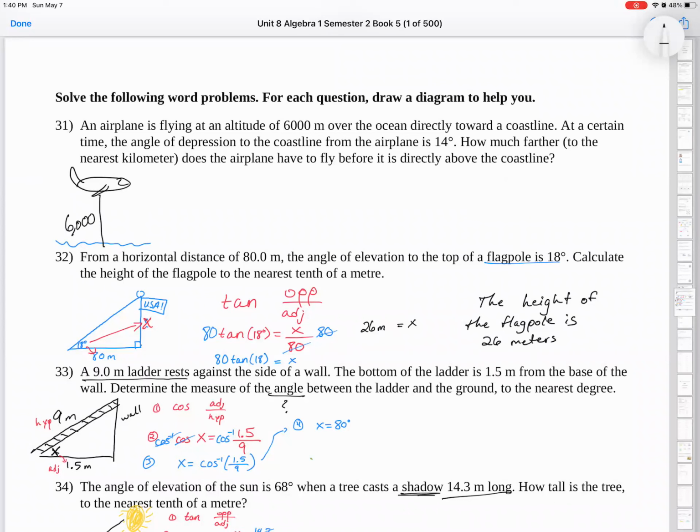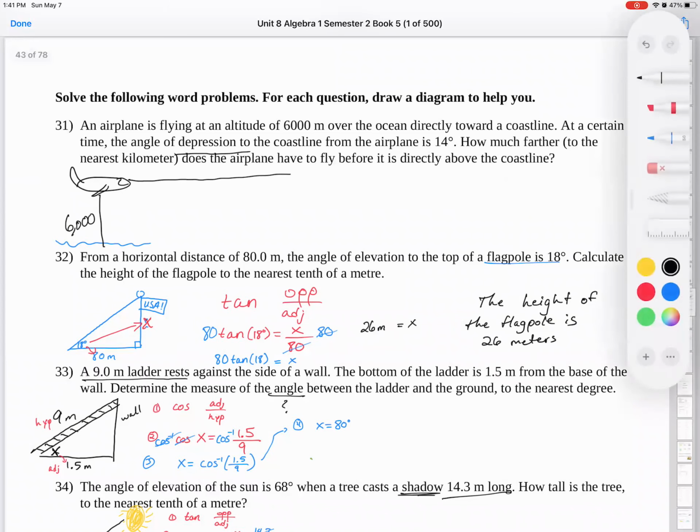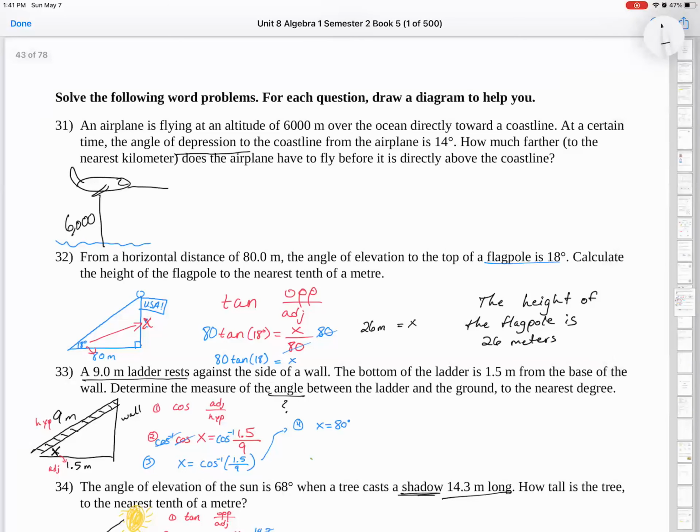Now, at a certain time, the angle of depression to the coastline from the airplane is 14 degrees. So when they say angle of depression, imagine you have this plane and you draw a horizontal line. Let's draw that a little bit better.